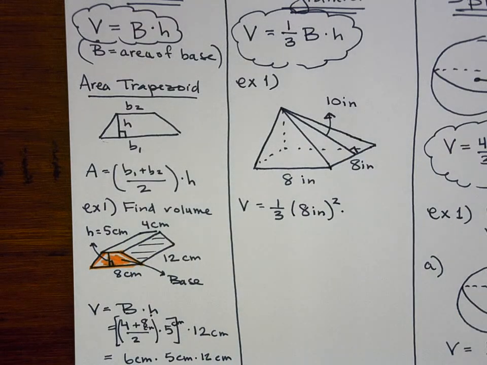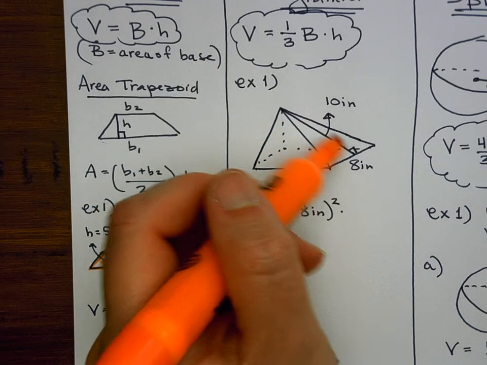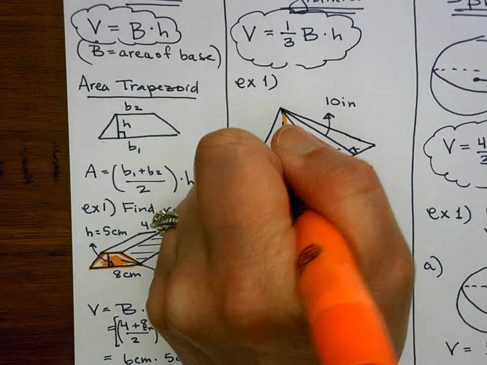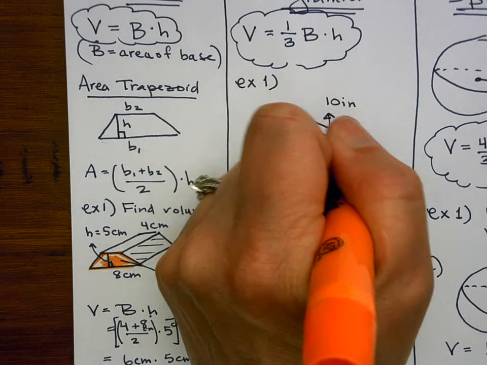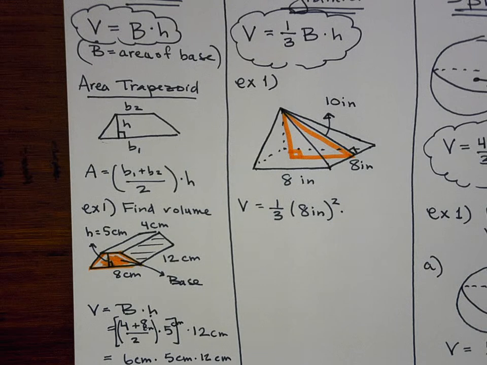So the height is a little bit trickier, right? So this is not the height, right? This is what they would call, if you remember from last year, the slant height. So in order for me to find the height, I need to look at this triangle right here, okay? So that triangle right there is a right triangle.